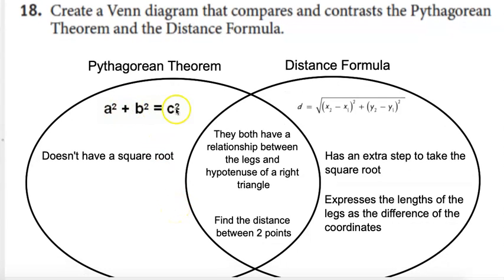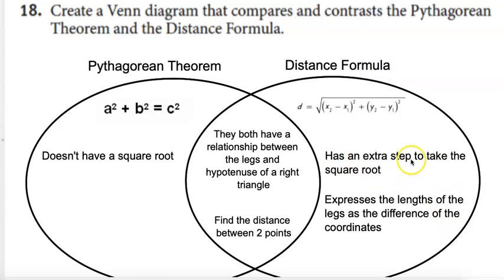I put the Pythagorean theorem here, the distance formula here. I said the Pythagorean theorem doesn't have a square root. Maybe you said they both have exponents squared in them. For their similarities, I had they both have a relationship between the legs and the hypotenuse of a right triangle. And they also both allow you to find the distance between 2 points.